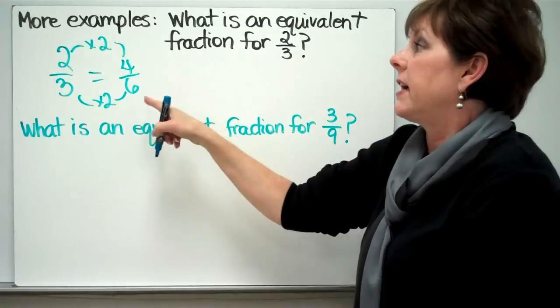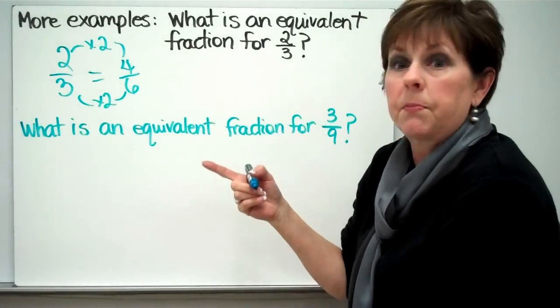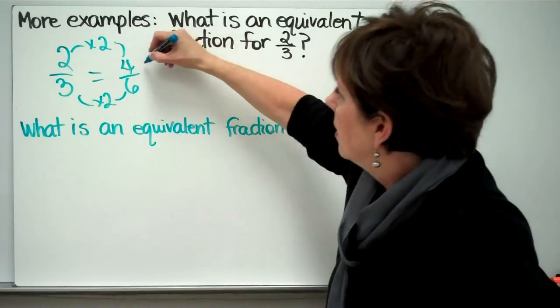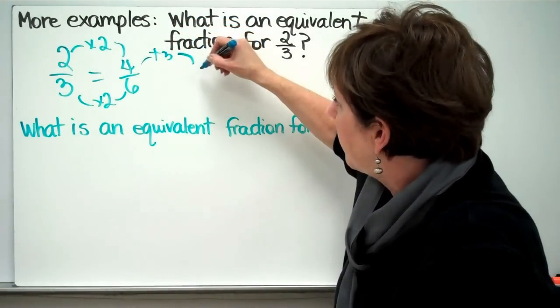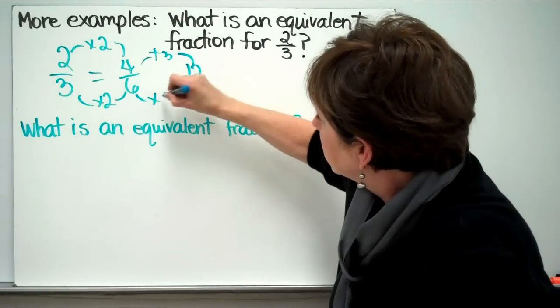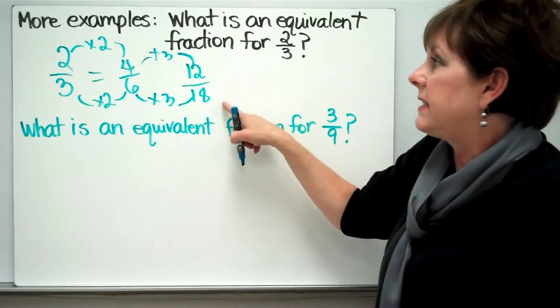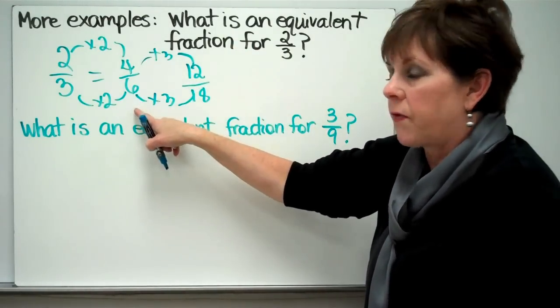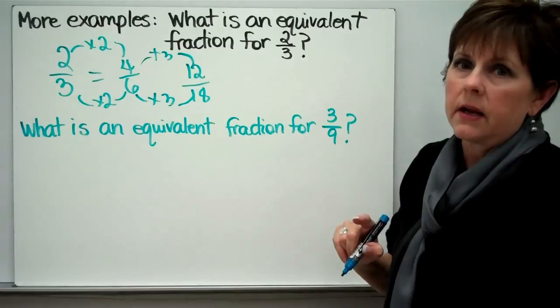So 4/6 is an equivalent fraction to 2/3. Could I multiply by 3? Sure. 4 times 3, as long as I do it to the top and the bottom number, I can do it. 4 times 3 is 12. 6 times 3 is 18. So 12/18 is equivalent to 4/6 and to 2/3. All of those are equivalent.